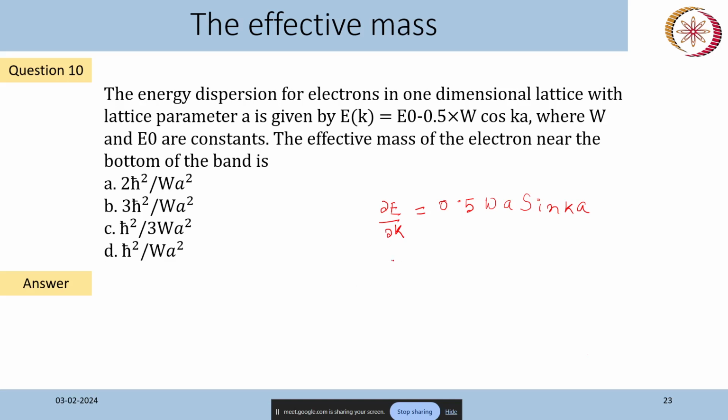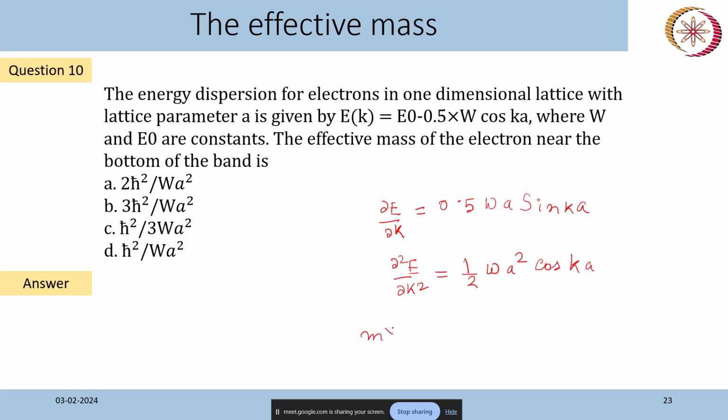And the double derivative will be half W a square cos Ka.